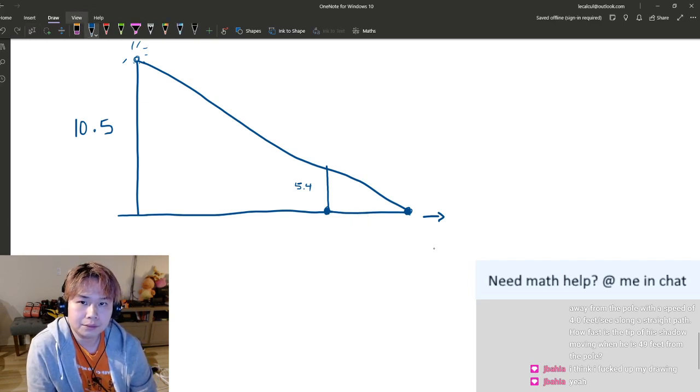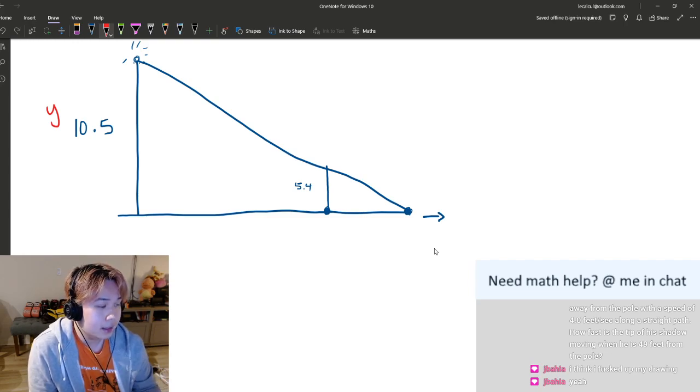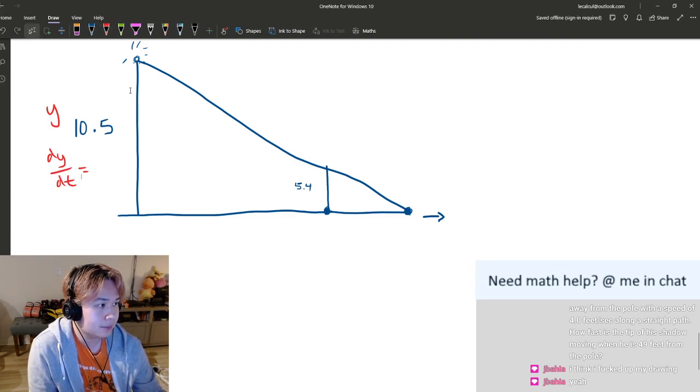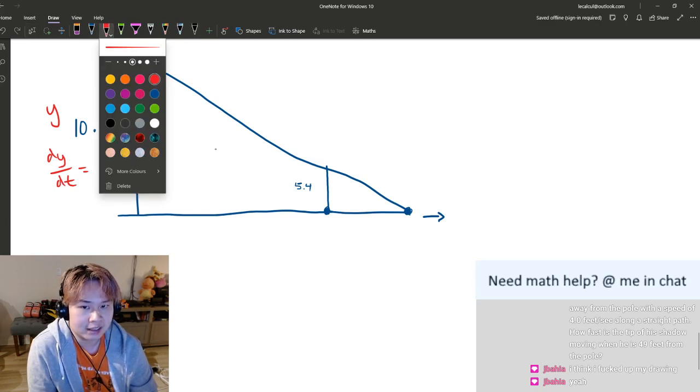So here, I'm gonna call this y, and dy/dt is the rate at which y changes. But because this is just the lamppost street light, it's not changing length, so we can say that this is 0.